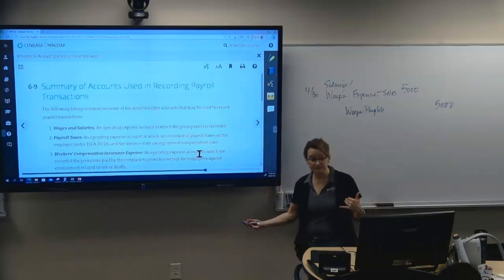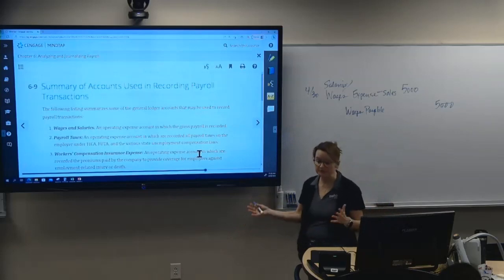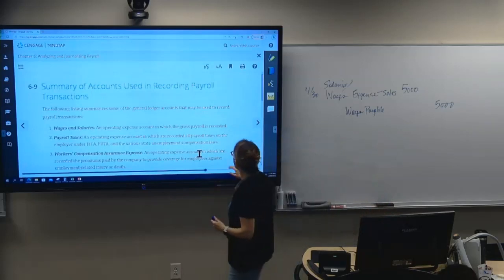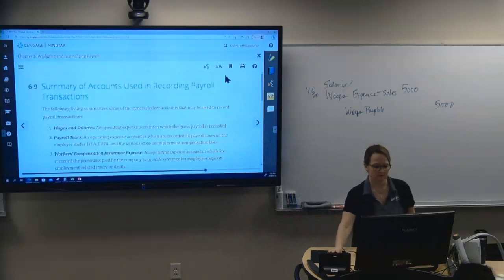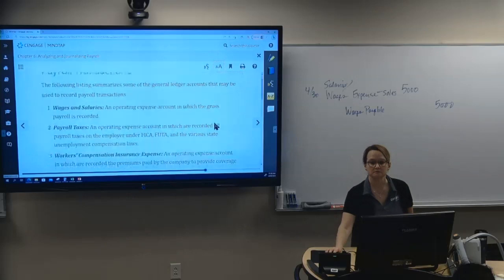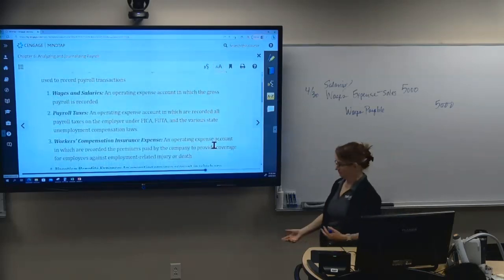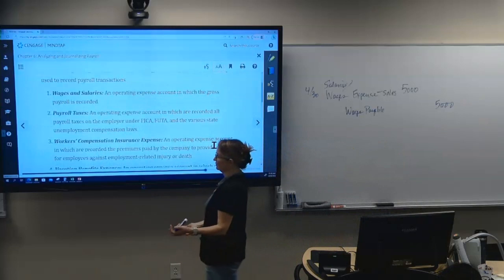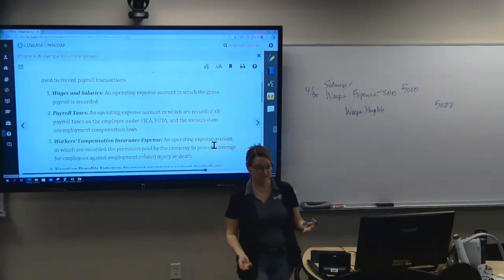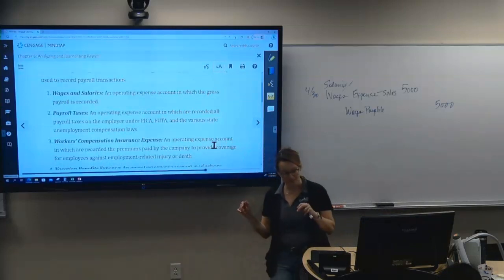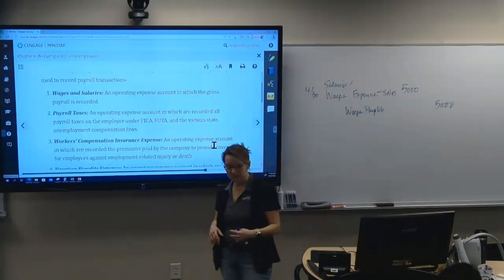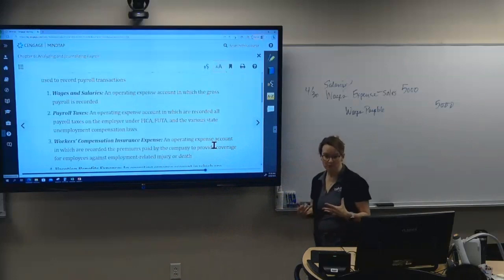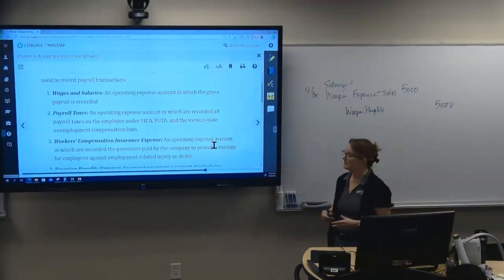You could have hourly wages expense, salary expense, however the organization wants to, whatever they want to call it. Okay, let me see if I can make this any bigger too. A little bit better. Payroll taxes, again, that's that payroll taxes expense. Now your book doesn't add the word expense onto it. I wish they would, in order to delineate that it is an expense account. But if you see that payroll taxes, that is an expense account.